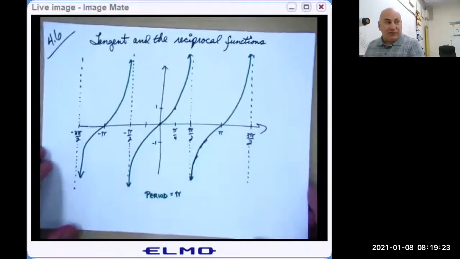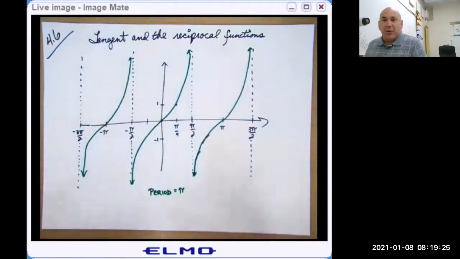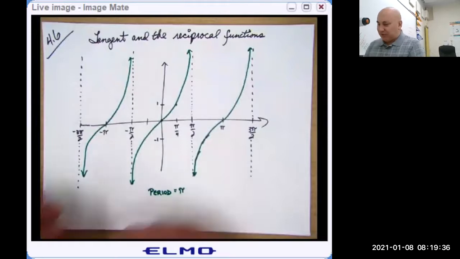So we've learned to graph tangent. To me, it is important that you know what a tangent curve looks like and how we got those numbers. The other 3 functions, I just want you to know how to graph them from the primary function.